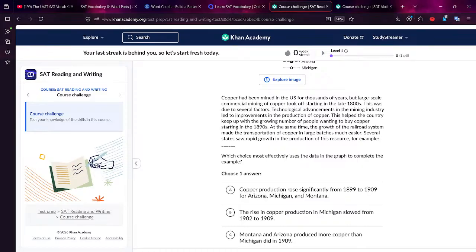Okay, copper had been mined for many years, but large-scale commercial mining. All right.